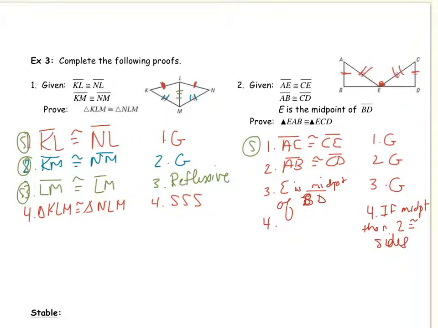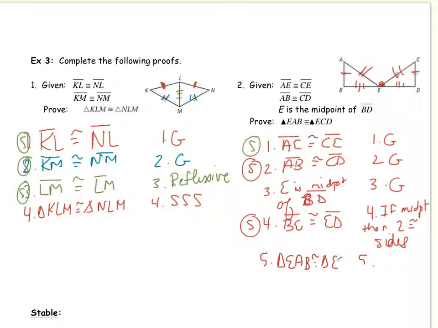So my 2 congruent sides here are BE and ED. So BE is congruent to ED. Now I have all 3 sides marked, so I can say, this is a side, and this is also a side. So I have side, side, side. And I would mark number 5, triangle EAB is congruent to triangle ECD by side, side, side.